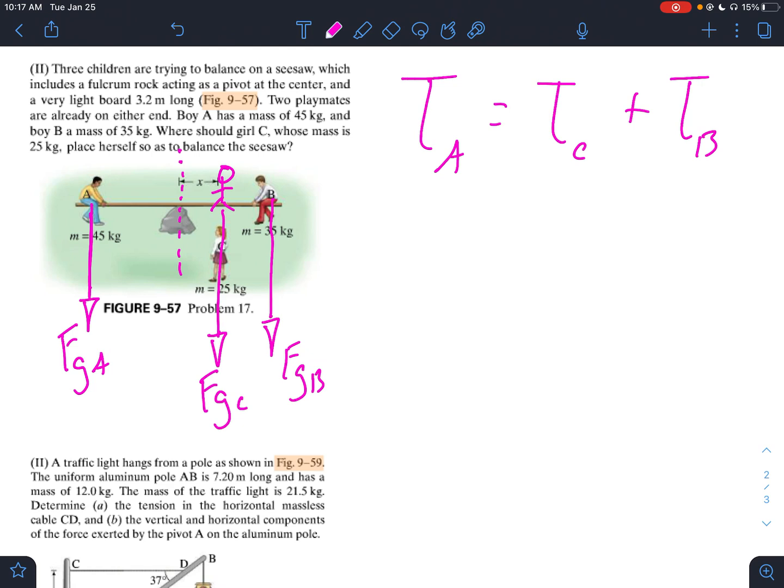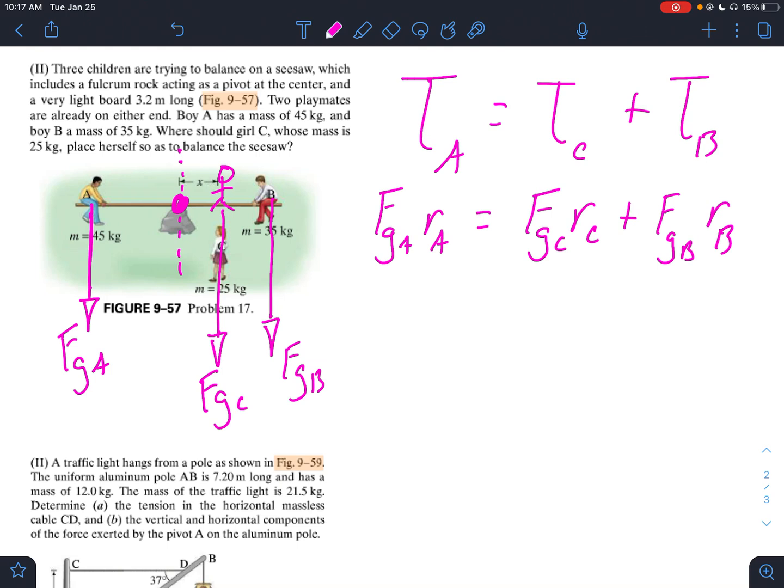And torque is force times radius, so it's specifically the force of gravity of each kid multiplied by how far they are from that axis of rotation, the rock, which we can call radius, R. And we could define that further because we're not given the forces.